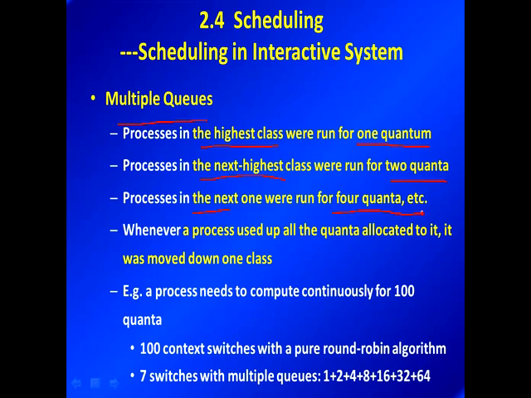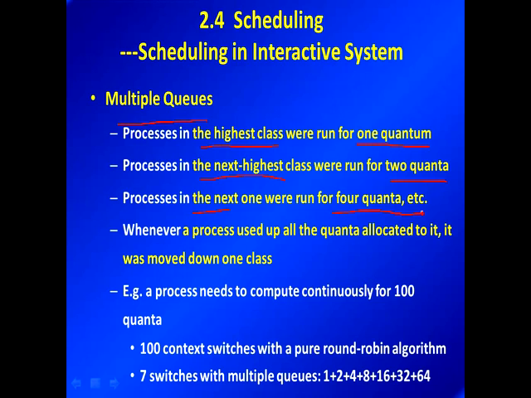Right? So this is fair for those I/O bounded processes, and for those compute bound processes, of course, only one quantum is not enough for them to finish all the execution of the instructions, right?